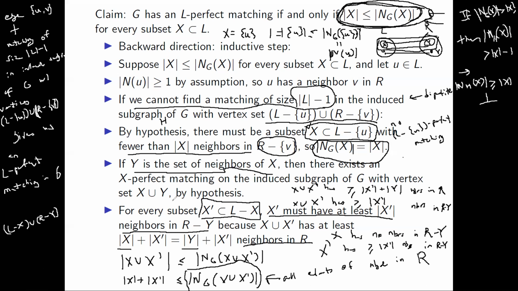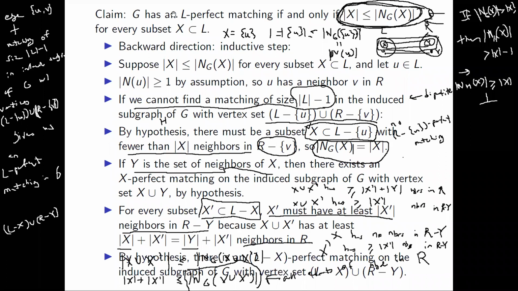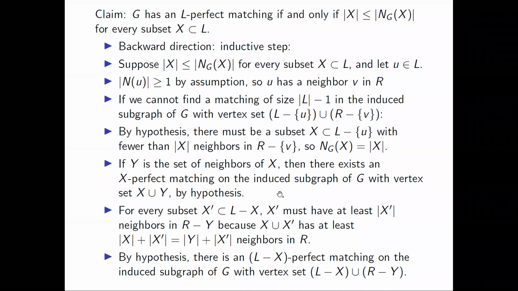So for that induced subgraph, we can apply our inductive hypothesis. And I'm going to clear a little bit there so we can see that. So we apply the inductive hypothesis to that subgraph on the vertex set L minus x union R minus y. And since all the subsets on the left have a neighborhood in that subgraph at least as large as themselves, we can find an L minus x perfect matching on this induced subgraph.